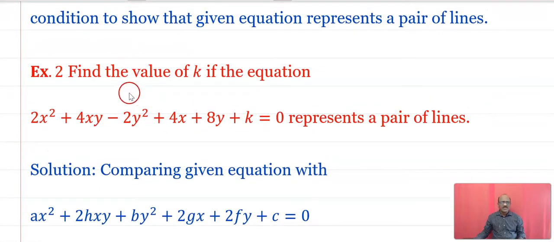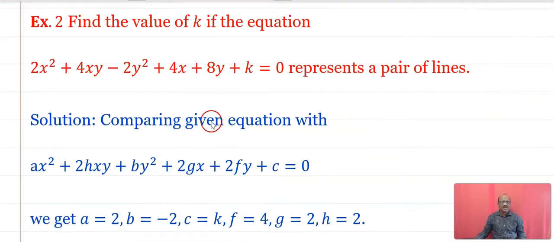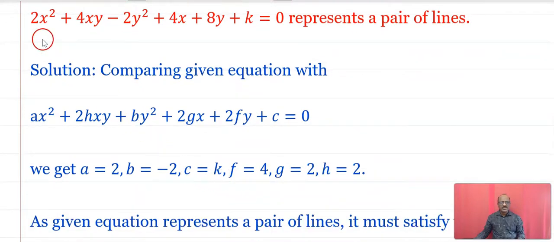Now next, find the value of k if the equation 2x² + 4xy - 2y² + 4x + 8y + k represents a pair of lines. Comparing this equation with ax² + 2hxy + by² + 2gx + 2fy + c = 0, you will get a = 2, b = -2, c = k, f = 4, g = 2, h = 2.